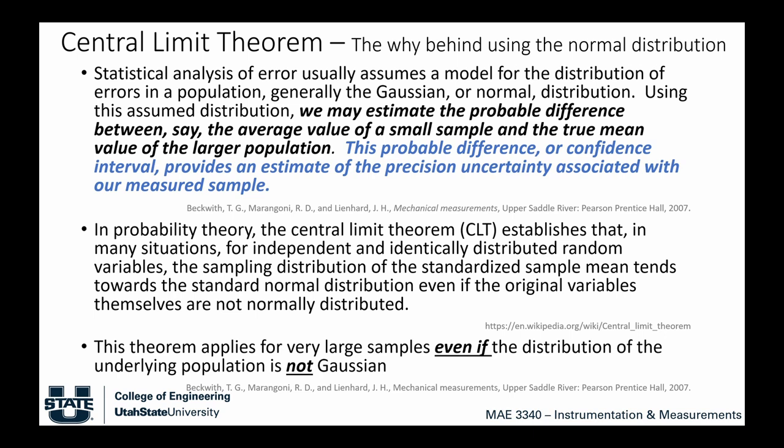Maybe the distribution that we have is not Gaussian. How are we going to come up with that precision uncertainty? Well, using the central limit theorem, we can take samples of the population, and even if they're not distributed like a Gaussian distribution, we can have them be represented by a Gaussian distribution.